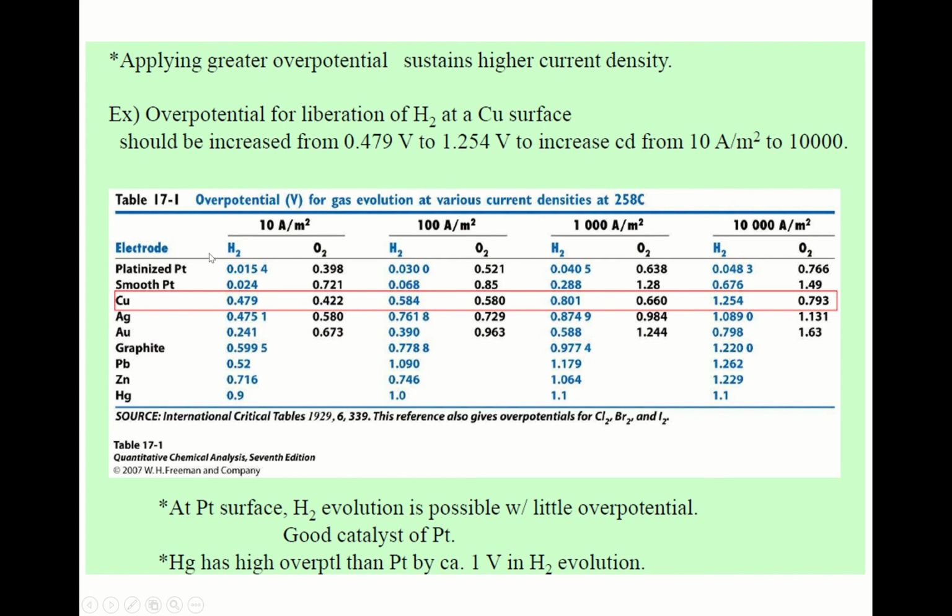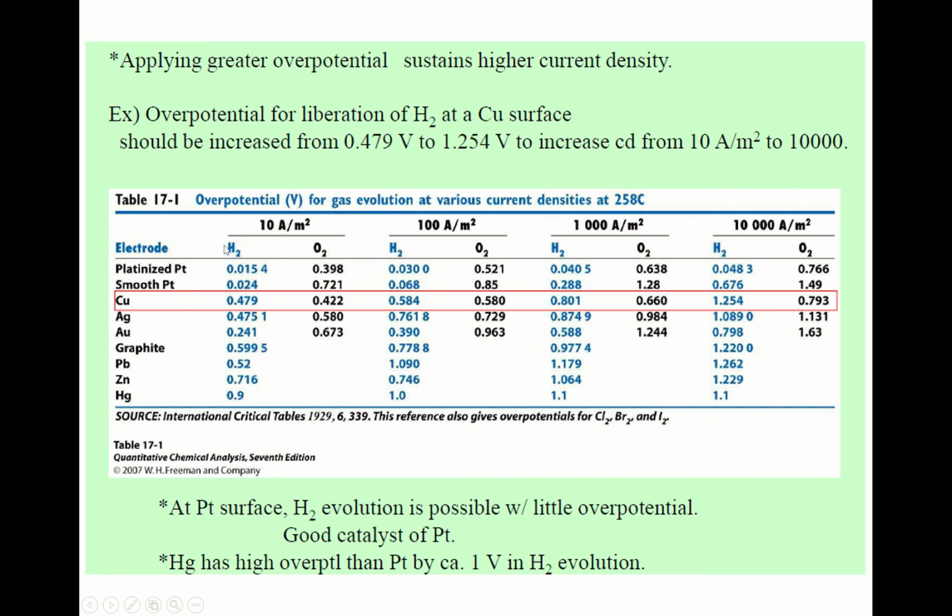Hydrogen gas is very easily produced because the overpotential is quite small. Large overpotential means that you have to additionally apply potential. But if it is zero, the electrochemical reactions take place at the theoretical value.